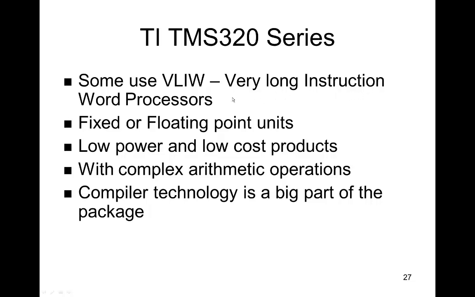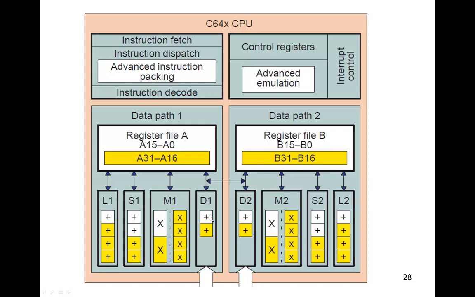So you don't quite get 8 times the performance, even though you're fetching 8 times the instructions. But because in digital signal processing we're usually dealing with a lot of data parallelism, we can actually use these architectures quite efficiently.